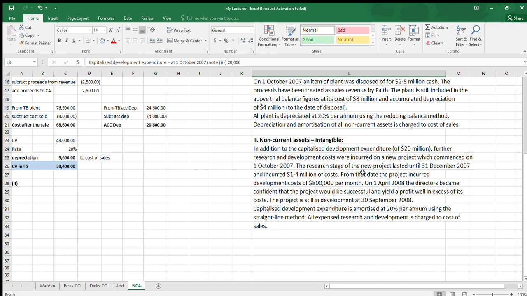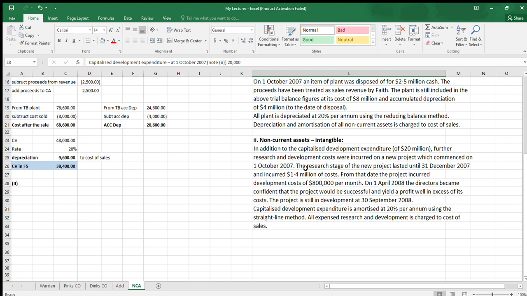So from October to December, you are free to count your hand. October, November, December, that's 3 months. So the question is saying that for that 3-month period, they incurred a cost of 1.4 million.